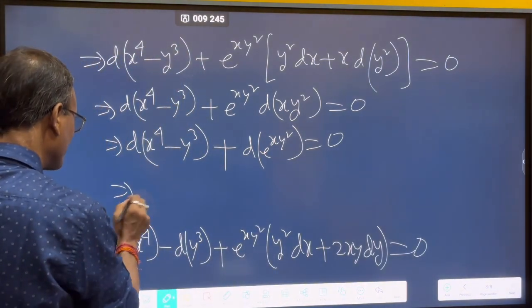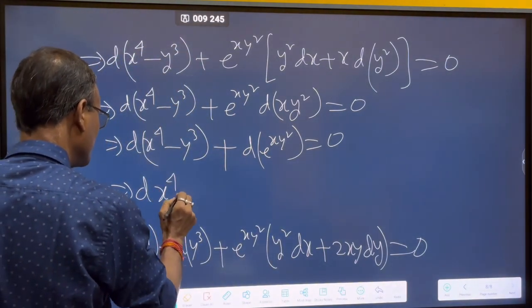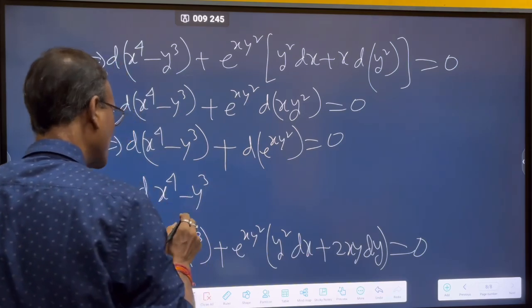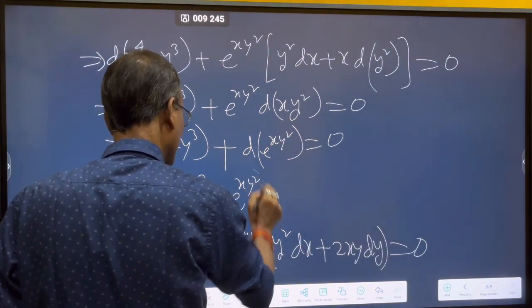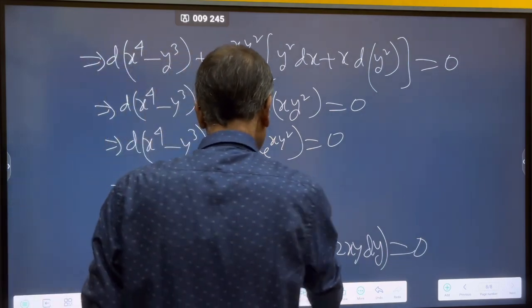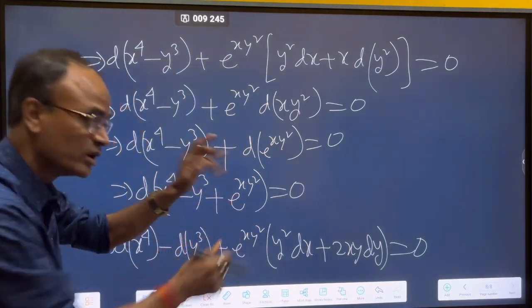This means d of x to the power 4 minus y cube plus e to the power xy square equal to 0. It is of the form d of u equal to 0.